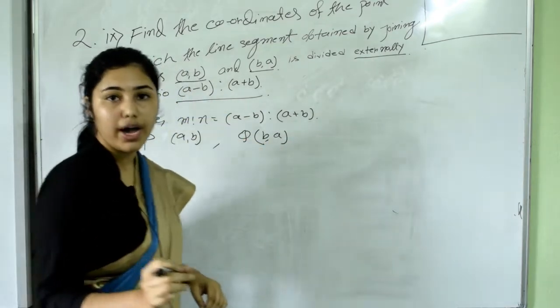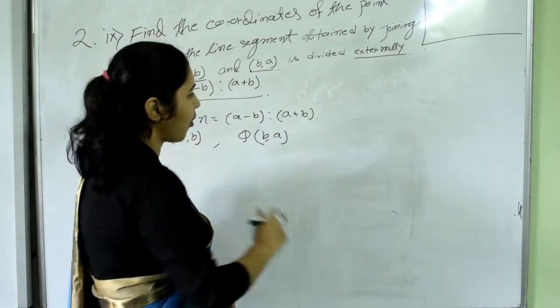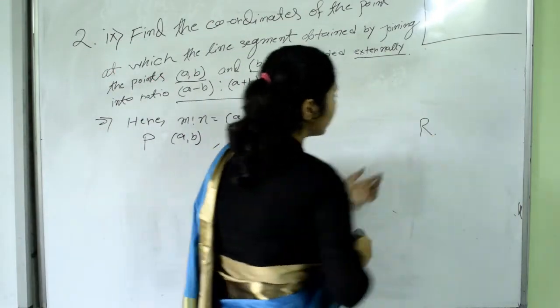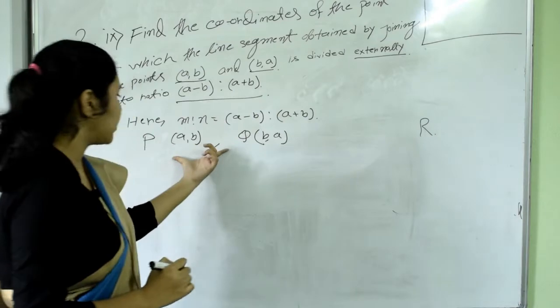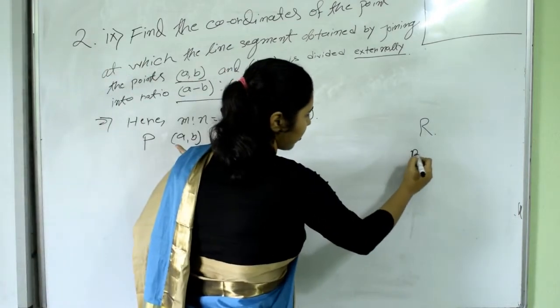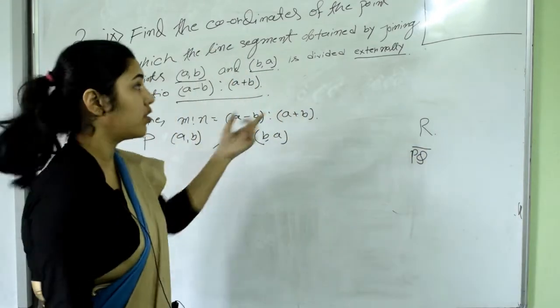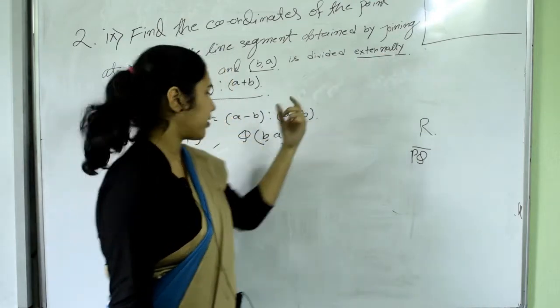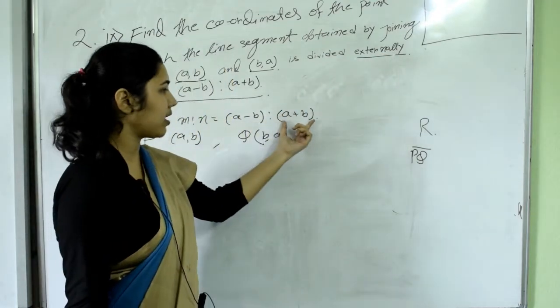Then we have to find the coordinates of the point R, which divides this line segment PQ externally in the ratio a minus b and a plus b.